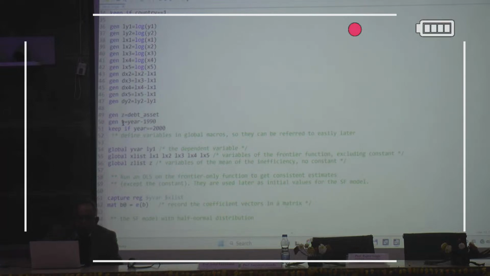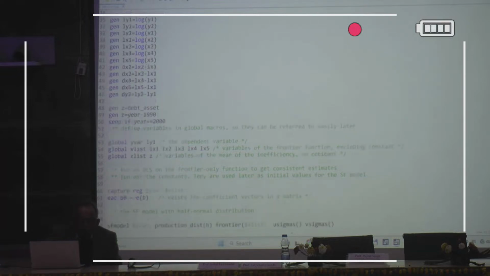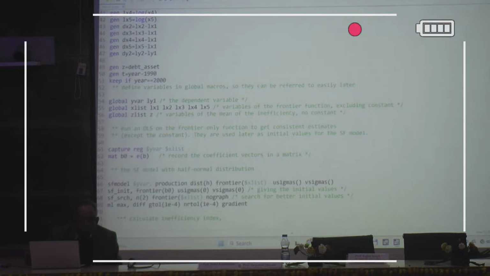Dr. Jaginder was also talking about it in the last session: instead of adding all those variables, you can make a list. You can use a global command. So global y variable, you can just have one or two. In this case it's not necessary. If you have only one, there is no need to define a global Y variable.